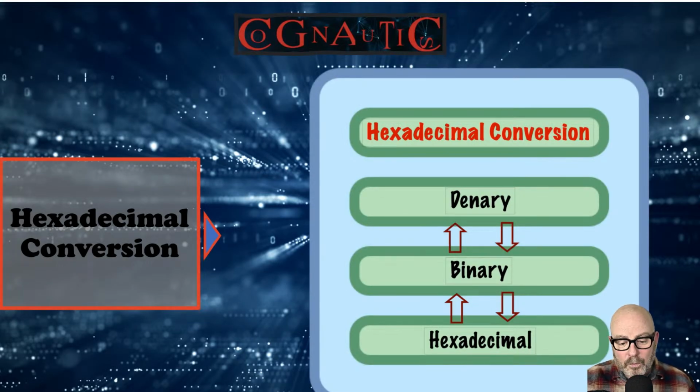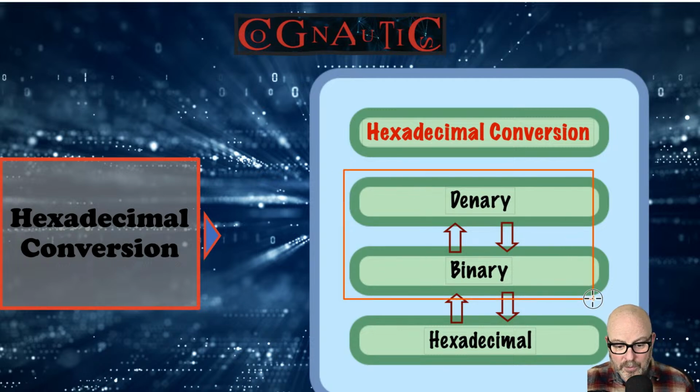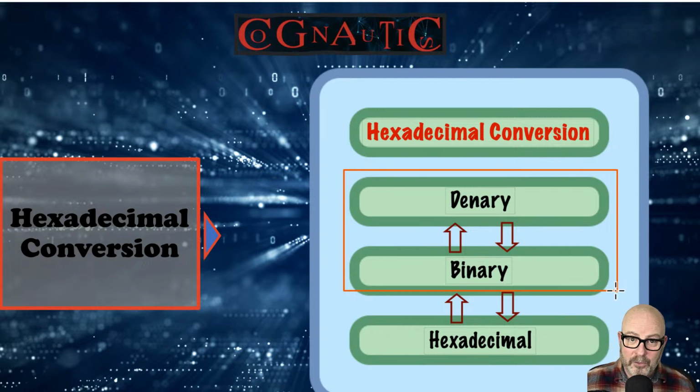Right, so this diagram on the board here really demonstrates that if you have to turn things to and from hex, you're going to need to use binary. So I've already shown you how to do this step here, okay? I've shown you how to get from denary to binary, which was draw the grid, fill the numbers in, or ask yourself what's the biggest grid number that goes into your decimal number once, okay?